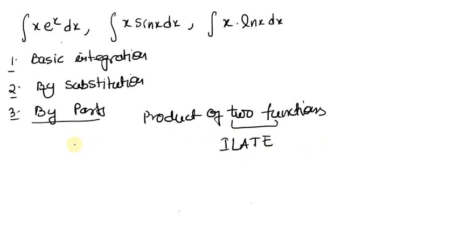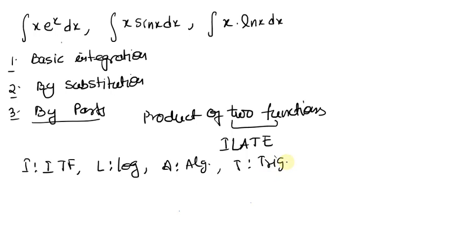Okay, so if you write just I, this I will be ITF, inverse trigonometric function. L means logarithmic function. A means algebraic functions like your polynomial and irrational functions. And T means trigonometric functions. Okay, and then E means your exponential functions.